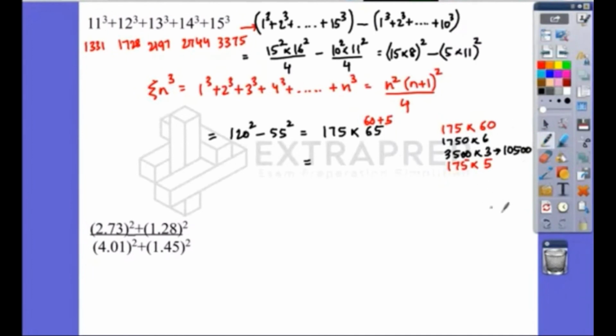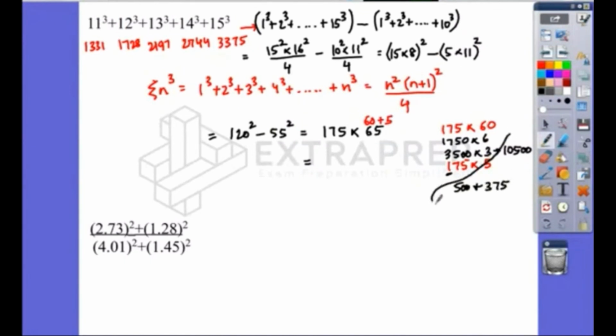You understood how I calculated 175 into 60? I sent 0 first to the other side, then I sent another 2 from 6 so that it was easy to calculate 10,500. Now 175 into 5 can be written as 5 into first 100 is 500, and 5 into 75 is 375.